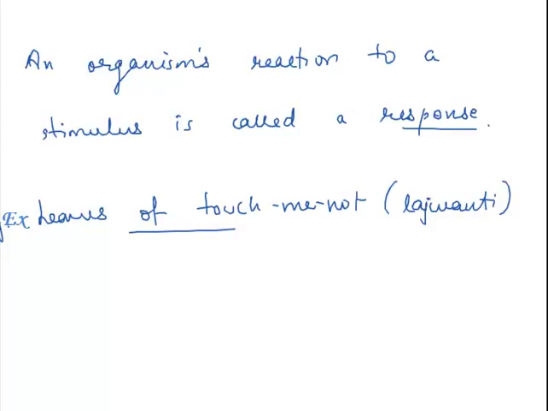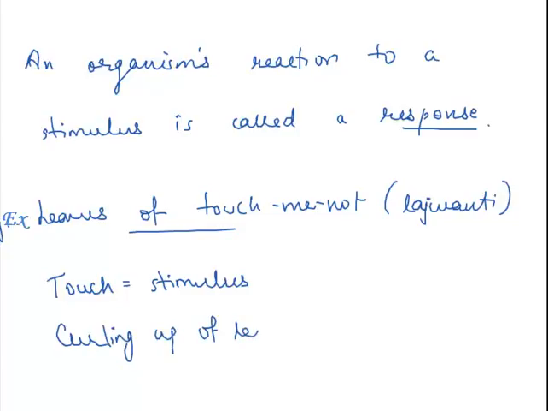So here touch is the stimulus and curling up of the leaves is the response. So this is known as stimulus and response.